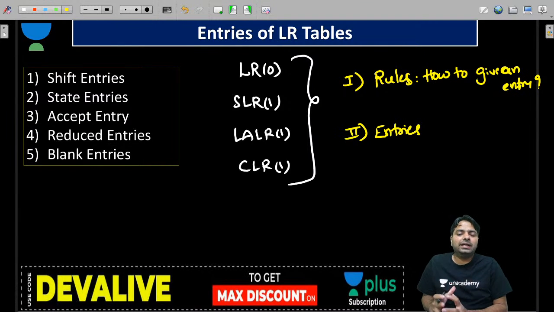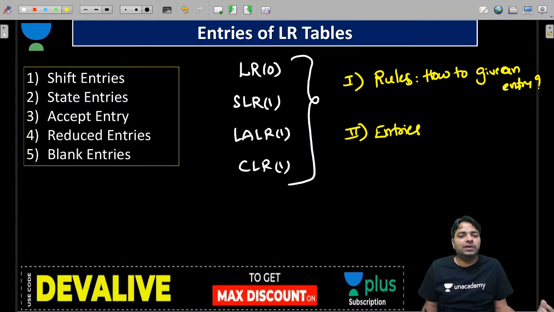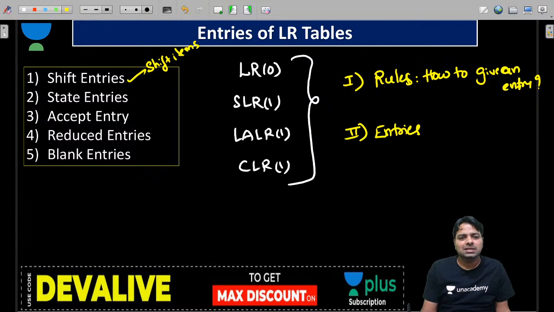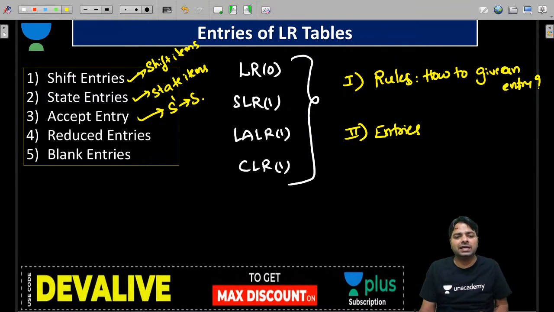So how to give an entry, we might have the same rule, but the entries might change depending on the table. So now let's talk about the types of entries. Shift entries. Who is responsible for this? Shift items, but not directly, indirectly. State entries, we will have state items, somehow they are going to give the entry. Accept entry is very special. S' to S dot, that item is going to be responsible for giving the accept entry.